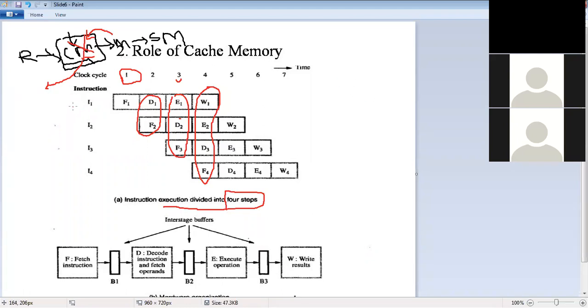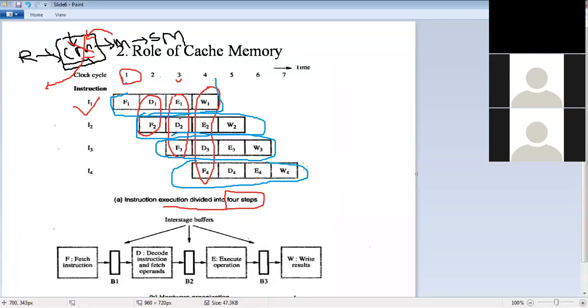If you look at instruction number one, how many clock cycles does it require? Yes, it requires 4 clock cycles. See here, 1, 2, 3, and 4. Similarly, instruction 2 requires again 4 clock cycles. Instruction 3 requires again 4 clock cycles. Instruction 4 requires again 4 clock cycles.